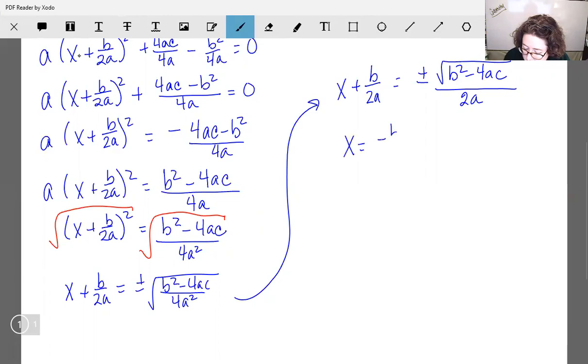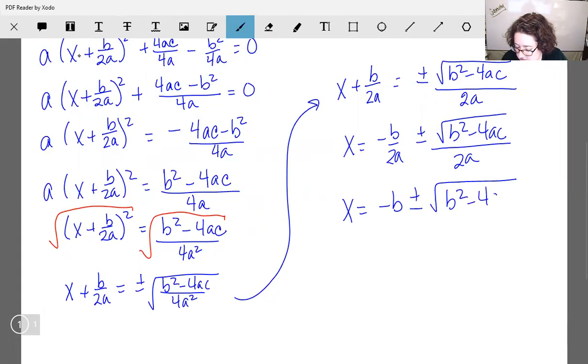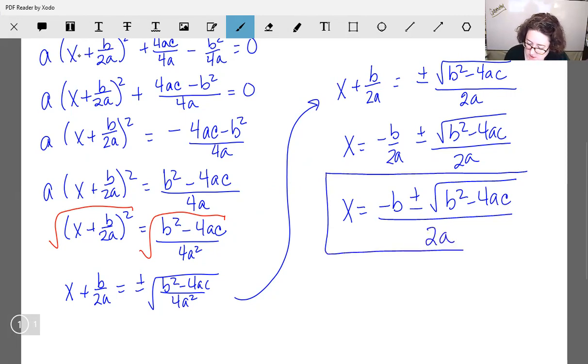I'm going to subtract that from both sides. We still have this plus or minus the square root of b squared minus 4ac all over 2a. Both of these fractions now have the same denominator, so I can combine my numerators. So x equals negative b plus or minus the square root of b squared minus 4ac all over 2a. And that, ladies and gentlemen, is our quadratic formula.